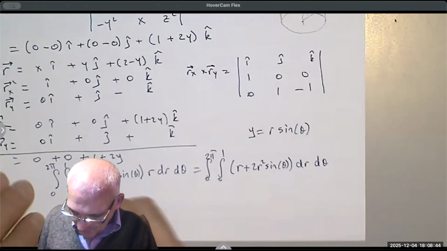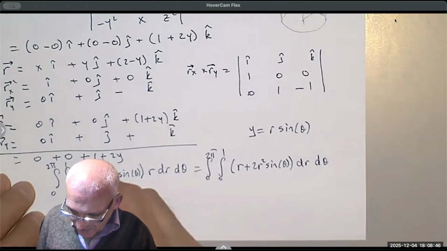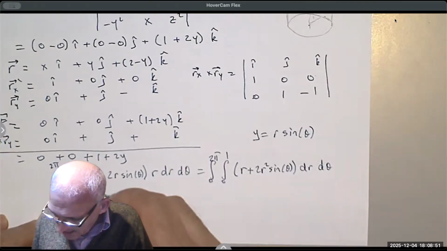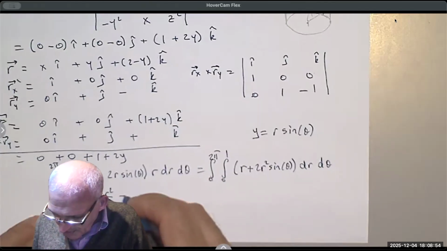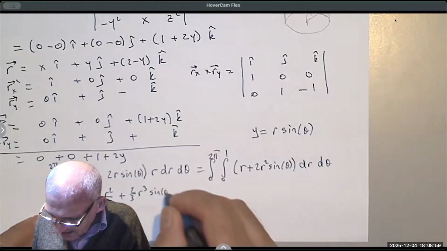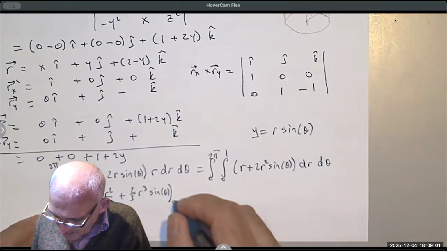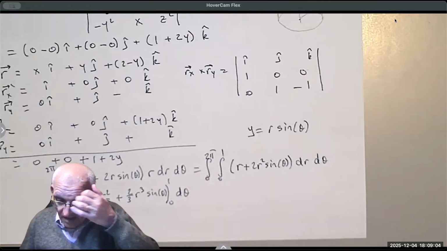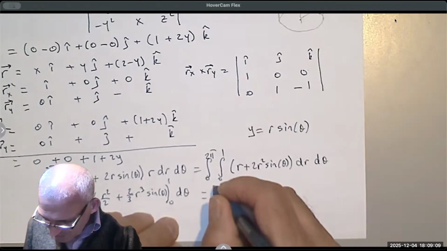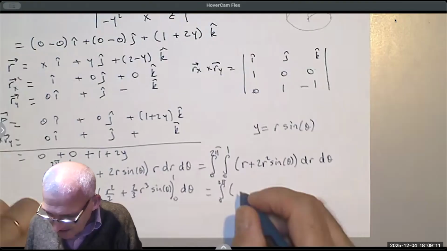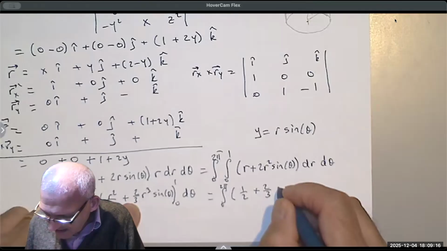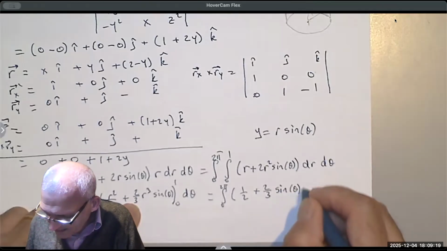So we are going to perform the integral with respect to r, which will give me r squared over 2 plus 2/3 r cubed sine theta, evaluated from 0 to 1, d theta. Now, if r is 1, you get the integral from 0 to 2 pi of 1/2 plus 2/3 sine theta d theta.